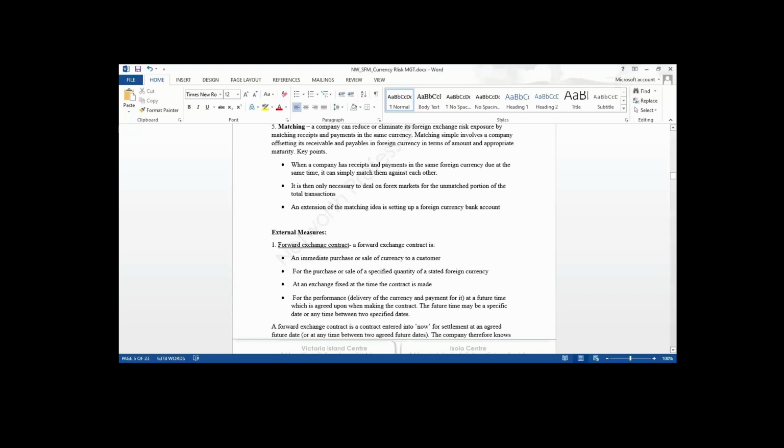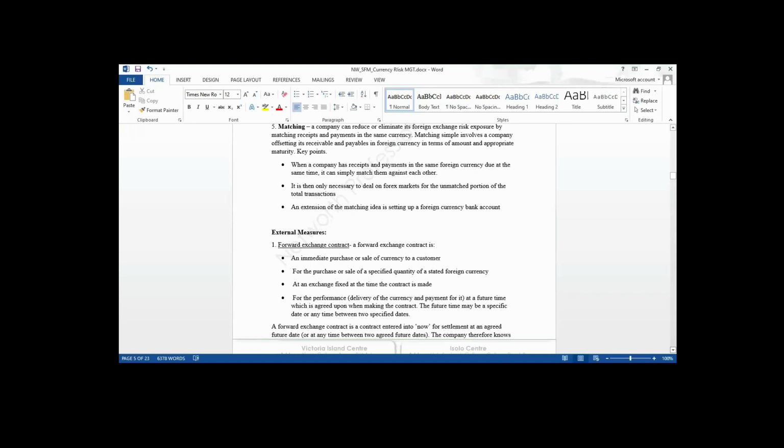It's also called the forward market. A forward exchange contract is a contract between two parties to buy or sell a specified amount of foreign currency at an exchange rate fixed at the time the contract is made.